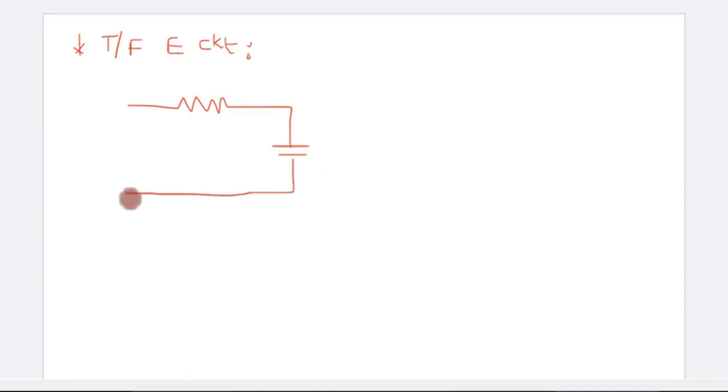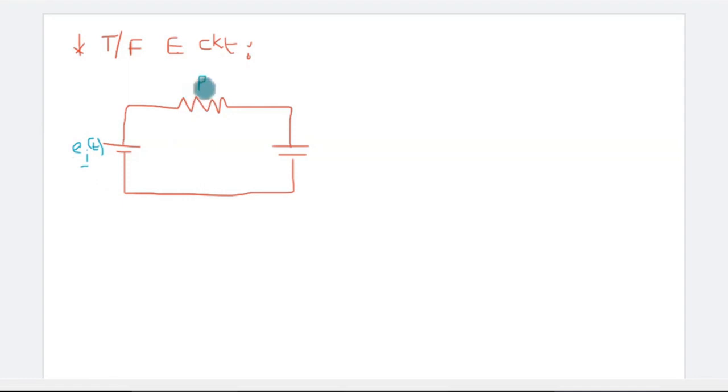These two passive elements are supplied by a DC source, and the value of this DC source I am going to consider as Ei of t, that is the input energy source.